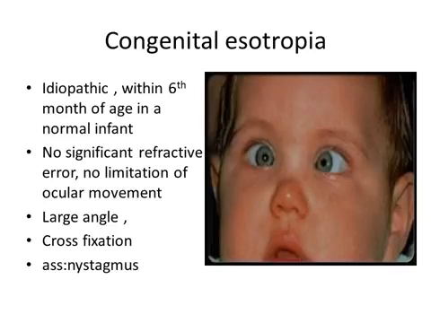Also, there is a full range of ocular motility, with no limitation of ocular movement. Usually the squint has a large angle, as you can see in the picture, and the child assumes the phenomenon of cross fixation. We will explain it, and sometimes there is associated nystagmus.